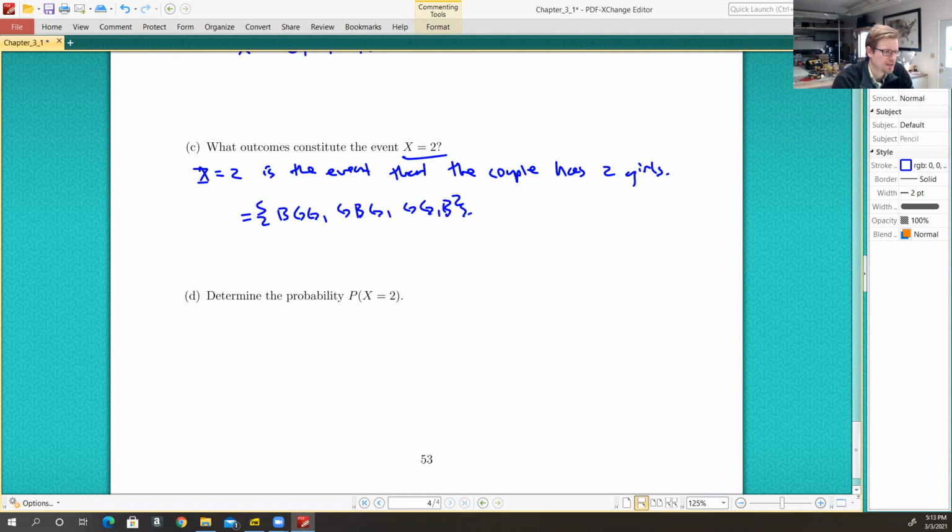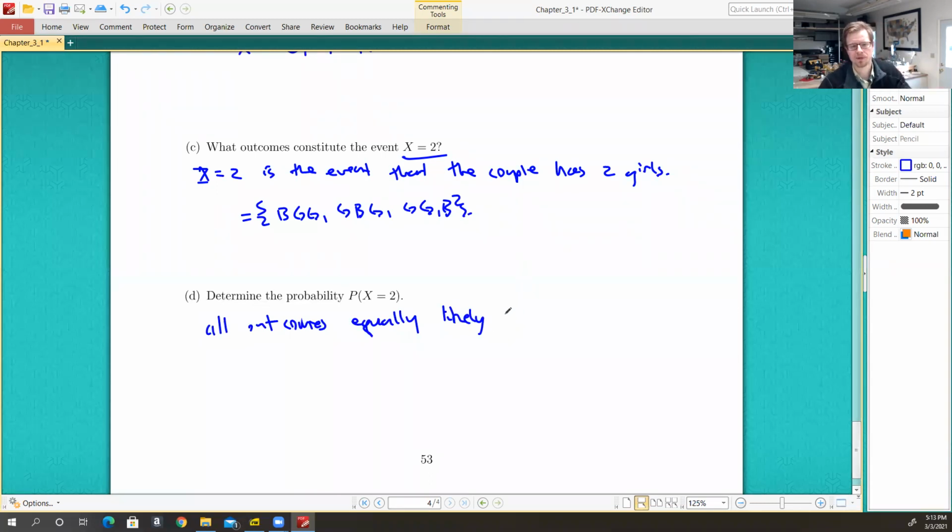Well, there's a couple different ways that you could calculate this. All of the individual outcomes are, of course, disjoint or mutually exclusive. Rather, they're all distinct from one another. So if I wanted to find this, I could simply add up the probabilities of the individual outcomes in the event. Okay, so all outcomes equally likely. Since they're equally likely, I can actually use the classical probability model.